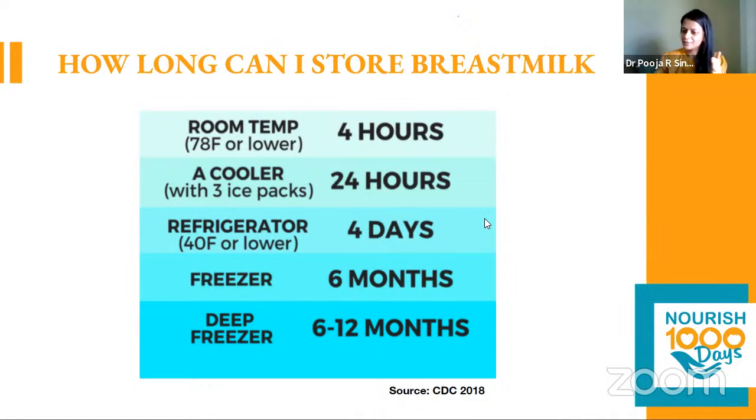Again and again, we open the refrigerator door, so there's going to be a temperature fluctuation. So it's good to place the milk at the back side of the fridge. For 4 days, it will remain very good. And in the freezer, it remains good for up to 6 months. And in a deep freezer, up to 12 months, the milk remains good and it can be used.